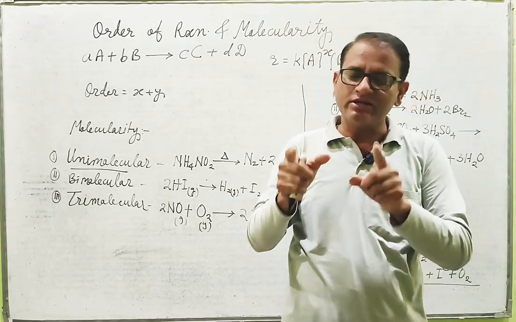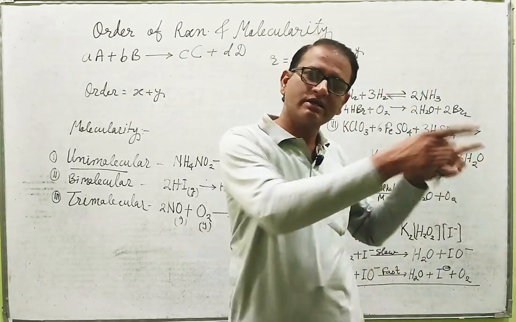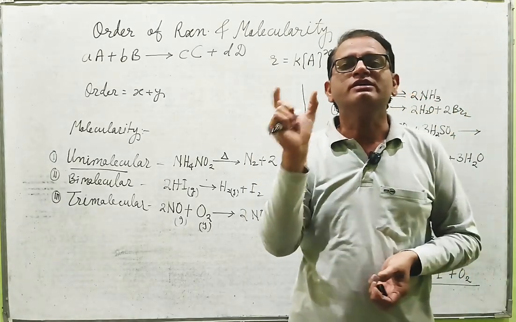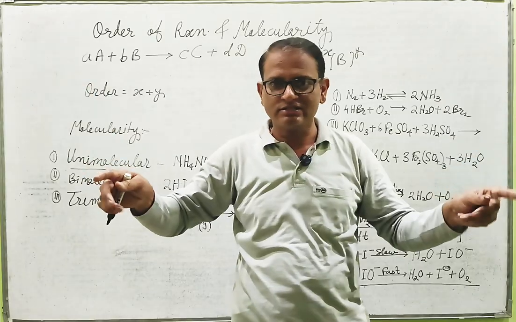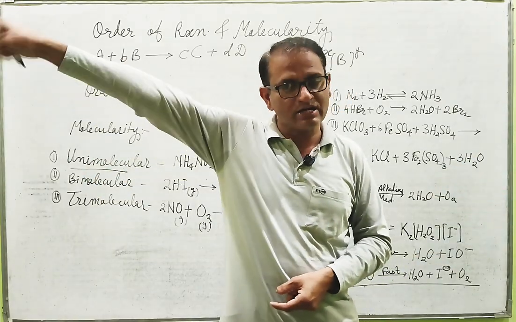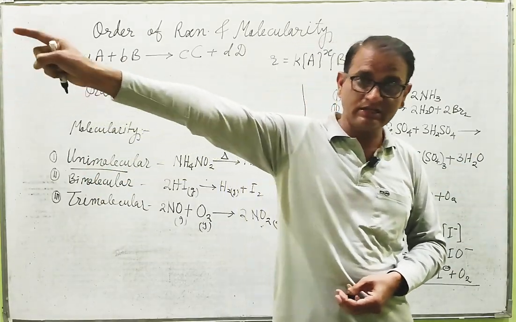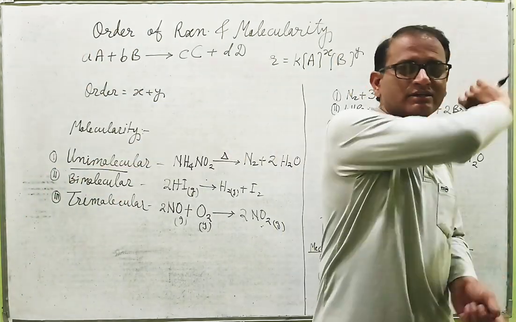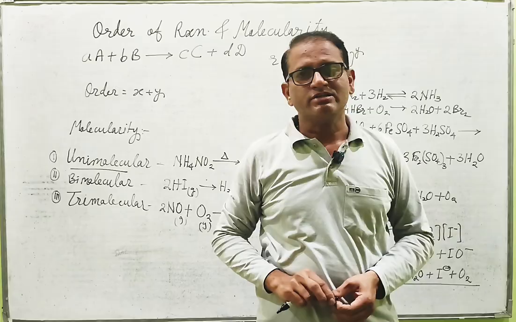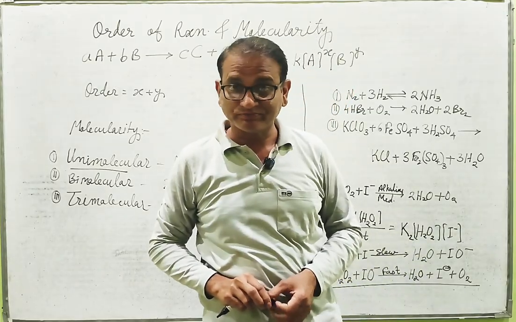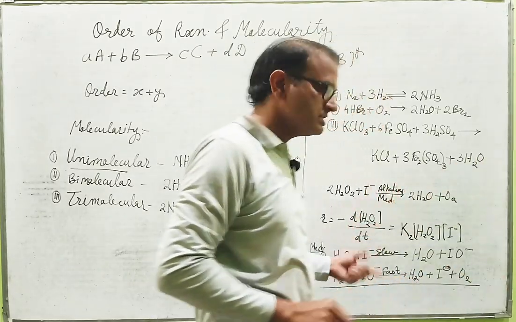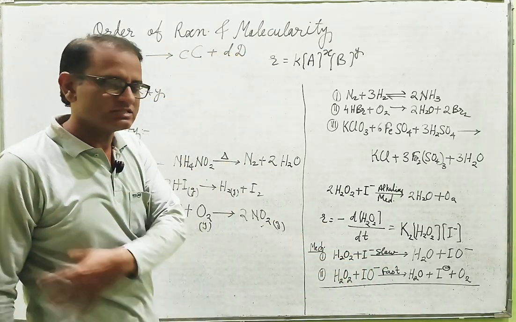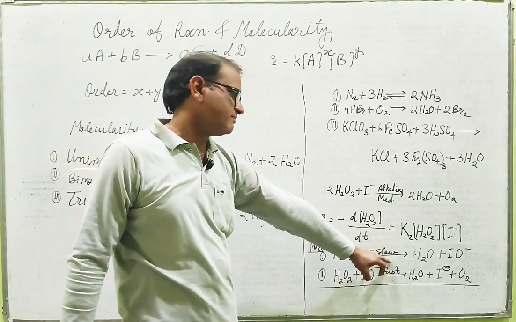Likewise, the slowest step in a reaction will determine the rate of the overall reaction. The rate of the overall race is determined by that last person. When that person finishes the race, only then will the management say the race is completed. Am I right? This is how in a reaction the slowest step determines the rate of the reaction, because the reaction will complete when this step completes.